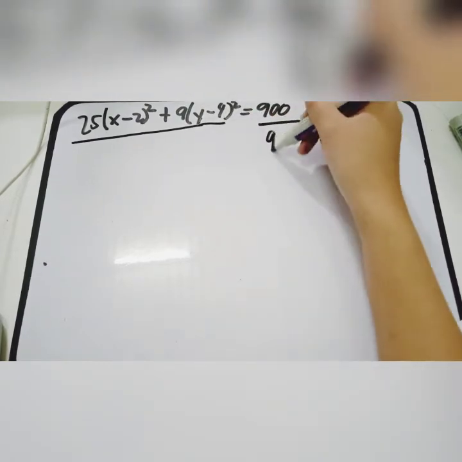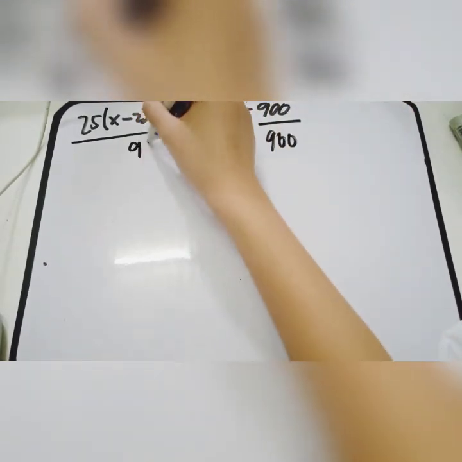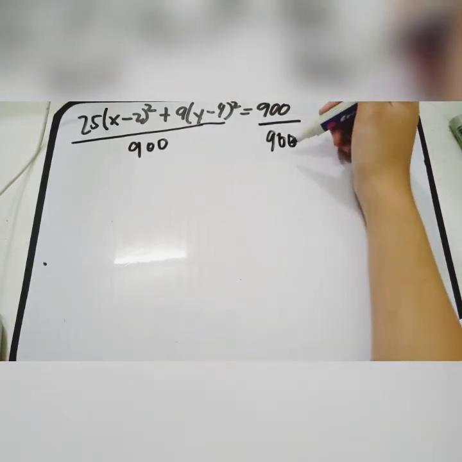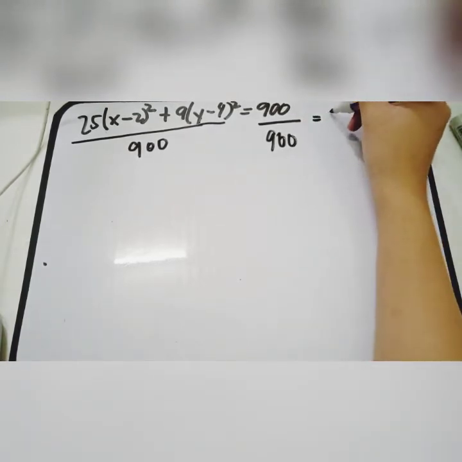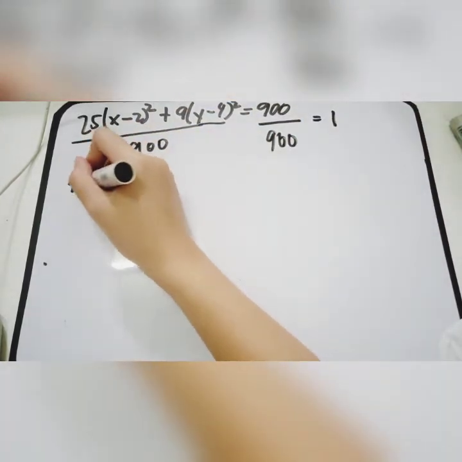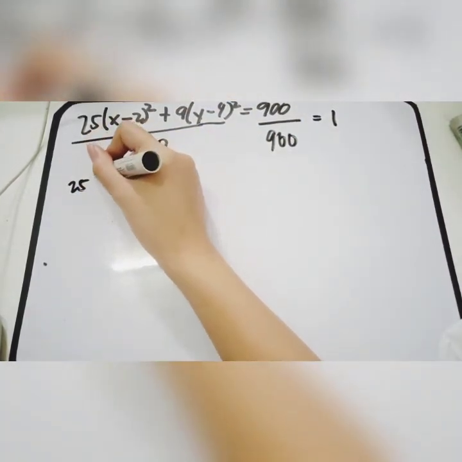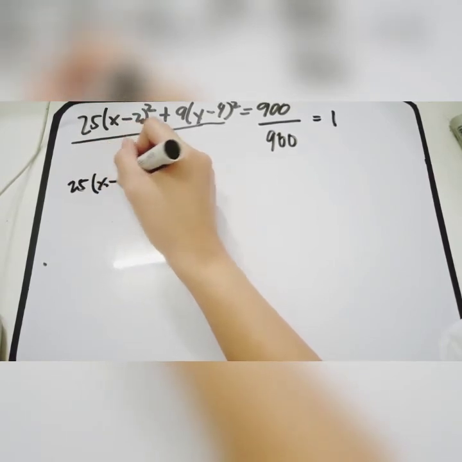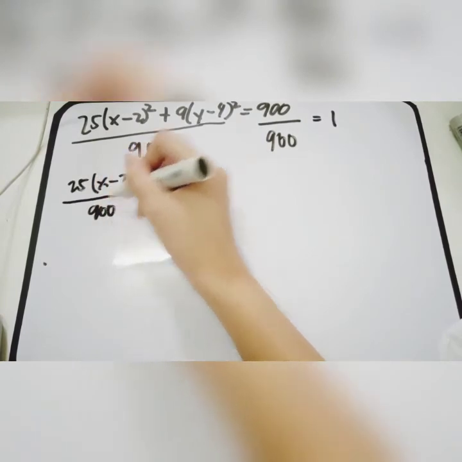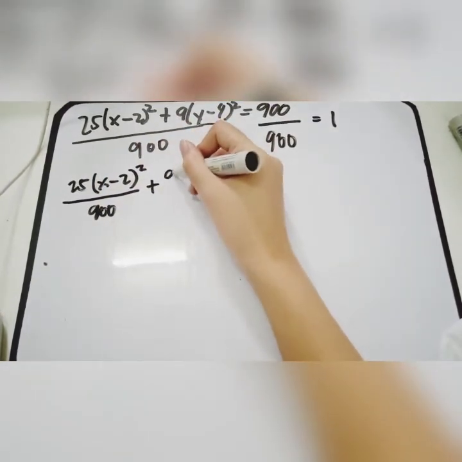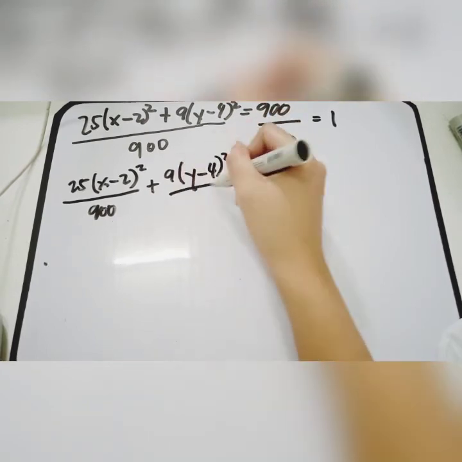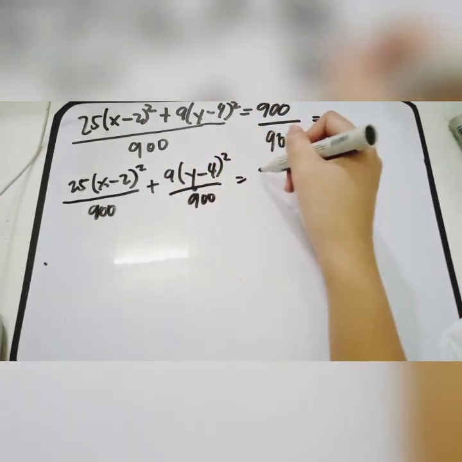So, divide natin sila sa 900. So, mangyayari, 900 divided by 900 is equal to 1. So, na-equate na natin siya sa 1. Dito naman tayo. So, mangyayari dito is 25(x minus 2) squared over 900 plus 9(y minus 4) squared over 900 is equal to 1.